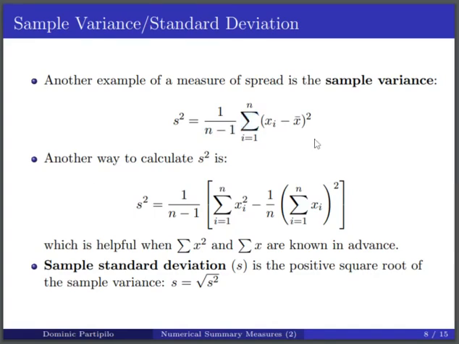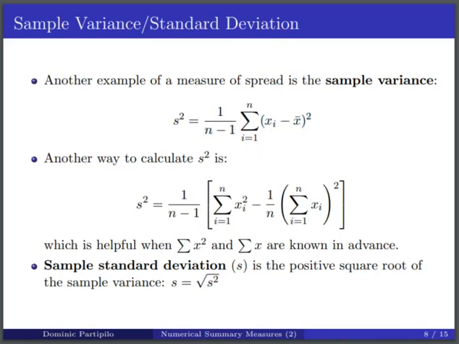To me, this is the more intuitive formula because we can see what's going on in this whole thing. We're taking each data value, subtracting the mean to get the distance, squaring those distances, and then taking the average of those squared distances by dividing by n minus 1.